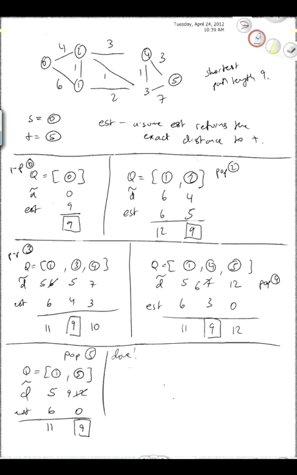And in fact, the shortest path goes from node 0 to node 2 to node 3 to node 4 to node 5. And that's exactly the sequence in which we're popping off these nodes. So first we pop node 0, then node 2, then node 3, then node 4, and then node 5. And so that's kind of one key thing to learn about A star.